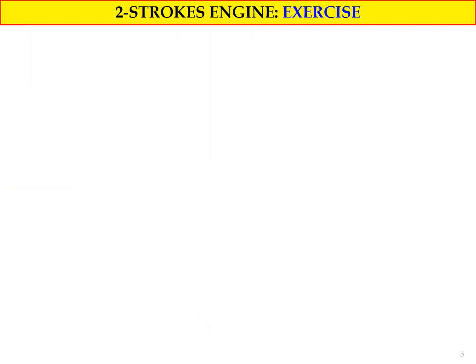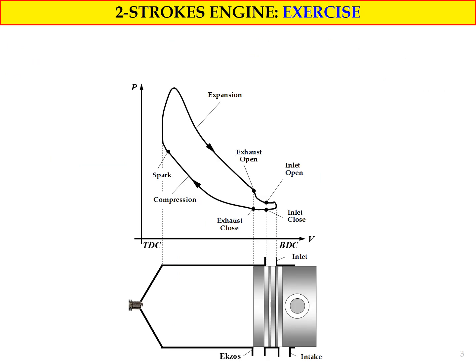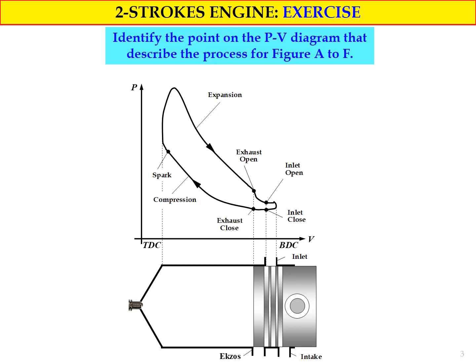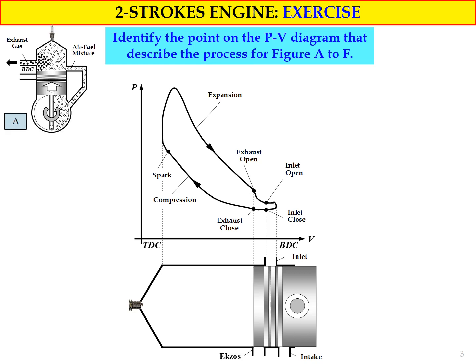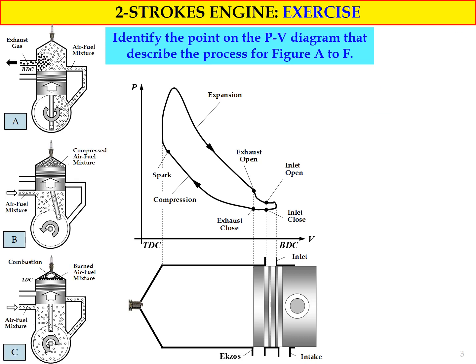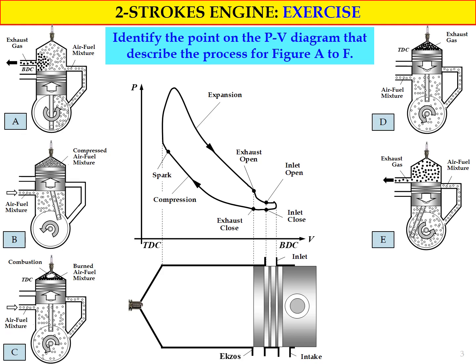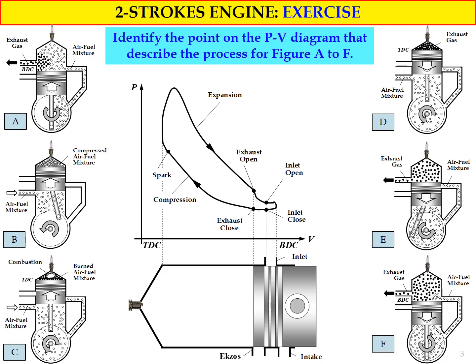Okay, now it's about the exercise for the two-stroke engine. What I want you to do, first, based on the PV diagram, is identify the point on the PV diagram that describes the process for figure A to figure F. For example, we have figure A, figure B, figure C, figure D, figure E, and figure F. For each figure, I want you to identify the exact or estimated point on the PV diagram.